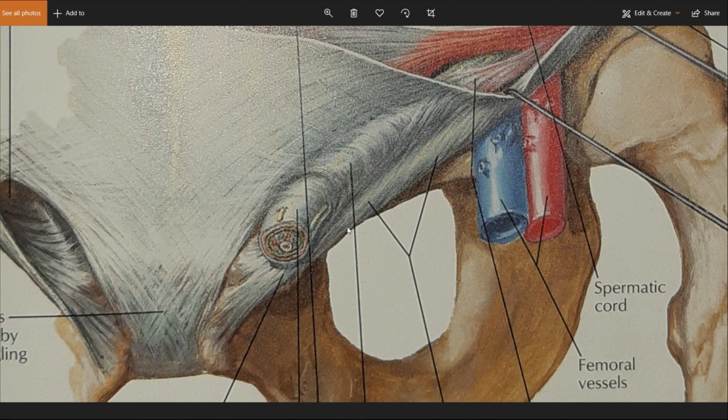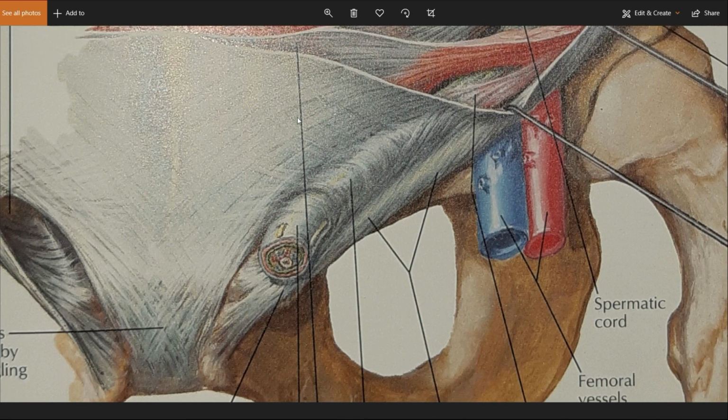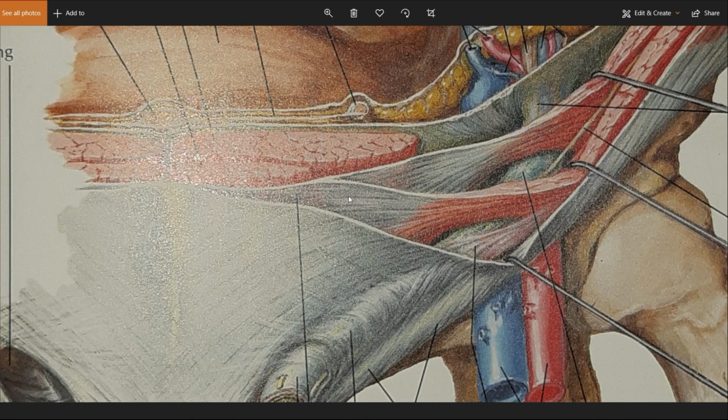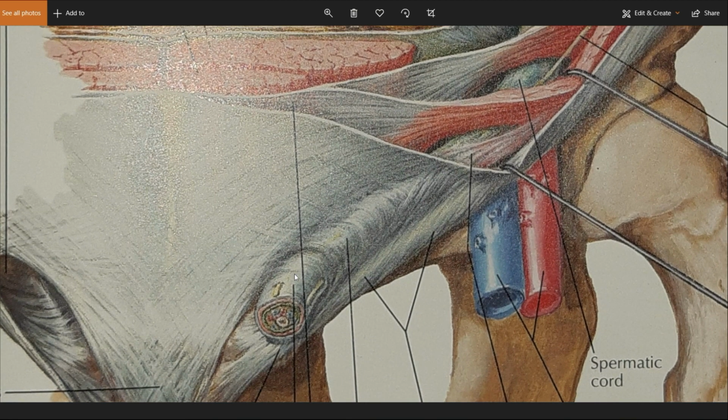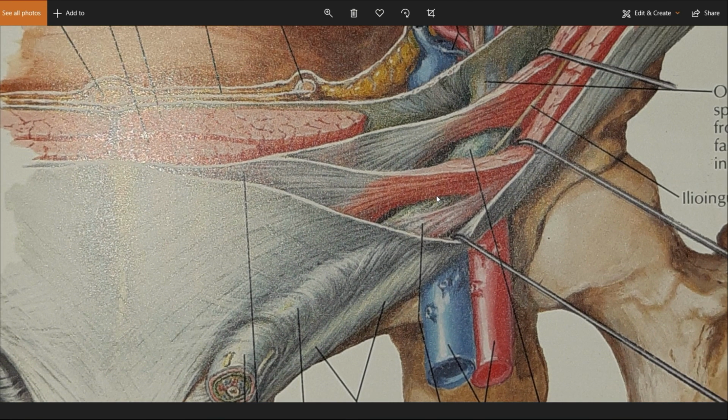So the reflected part of the inguinal ligament is actually present behind the superficial inguinal ring, but in front of the conjoint tendon. So both the conjoint tendon and the reflected part of the inguinal ligament are posterior only to the medial part of the inguinal canal and not the lateral part.